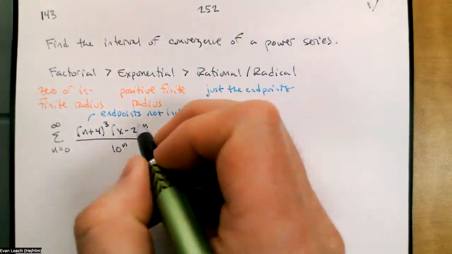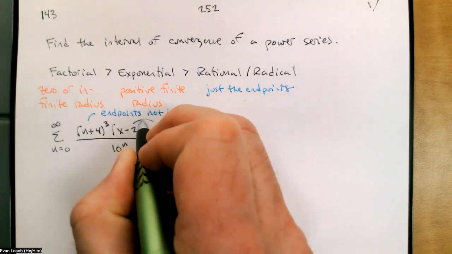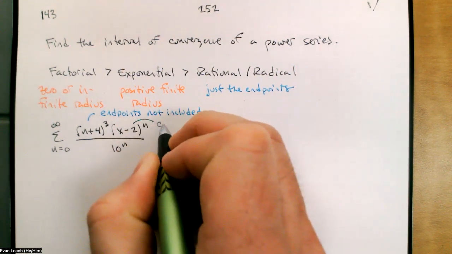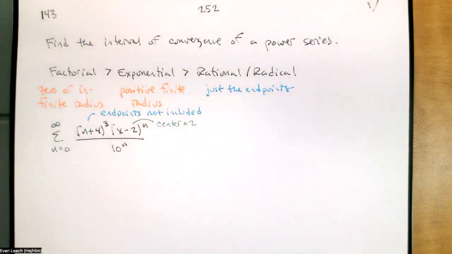The x minus 2 to the n is telling us that the center is at 2. And a 10 to the n in the denominator is telling us that the radius is going to be 10.